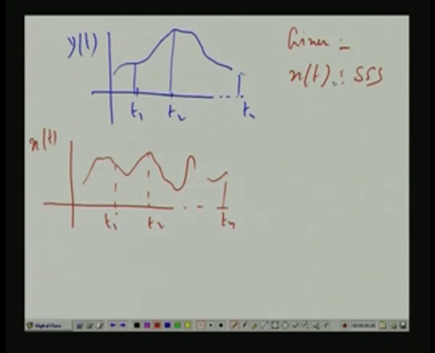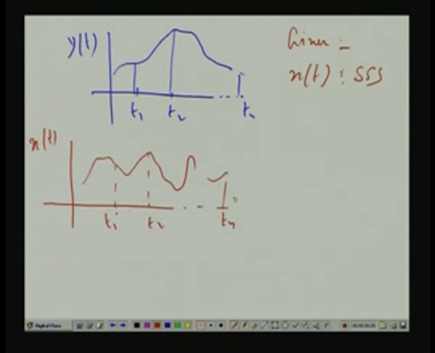Now, remember we did some study on the joint statistics of a group of random variables. Given the joint density for x, that is x(t_1), x(t_2), dot dot dot up to x(t_n), if I take those random variables and take the joint density, how do I obtain the joint density for y, that is y(t_1), y(t_2) up to y(t_n)? So, there is a formula that involves the joint density for x, that is x(t_1), x(t_2) up to x(t_n), and a Jacobian.